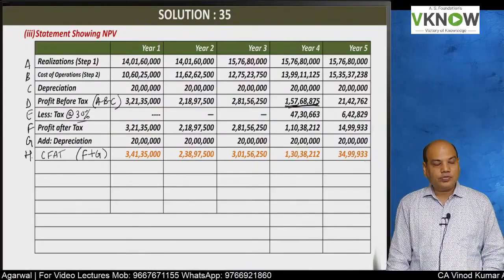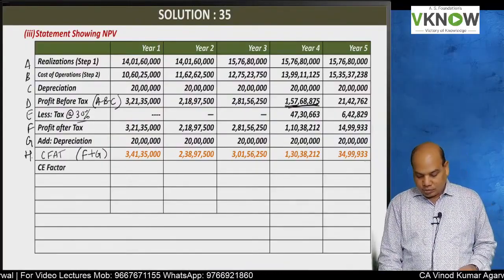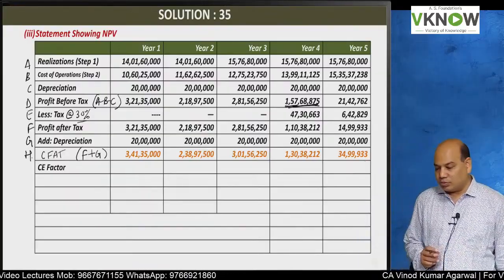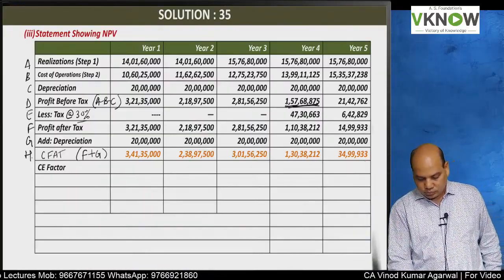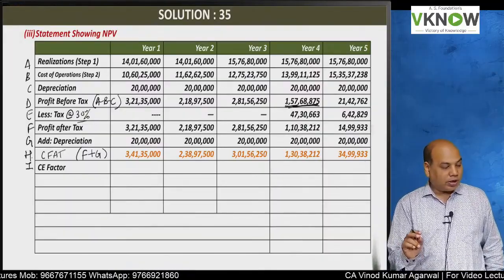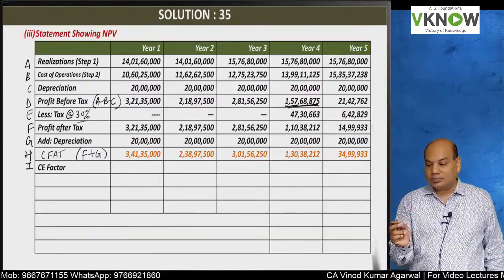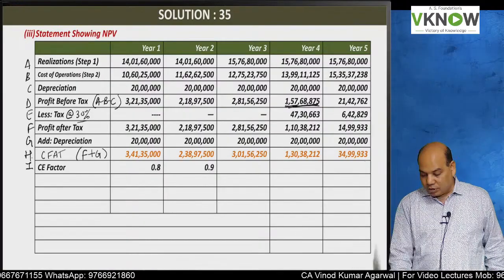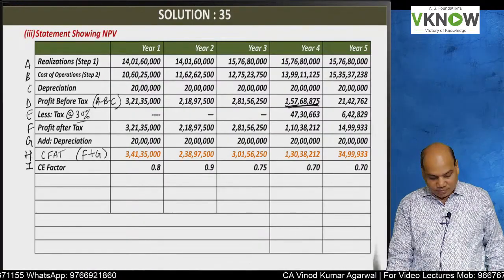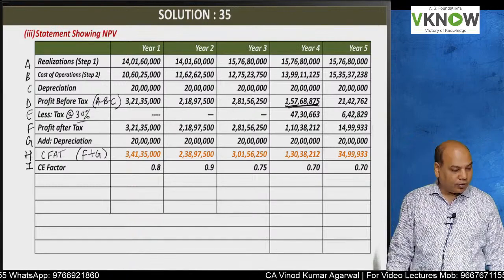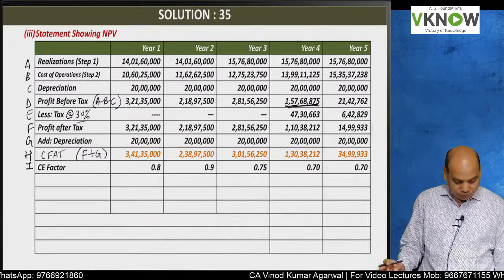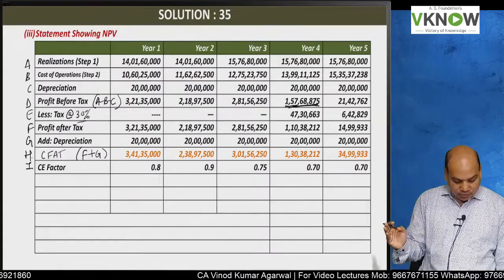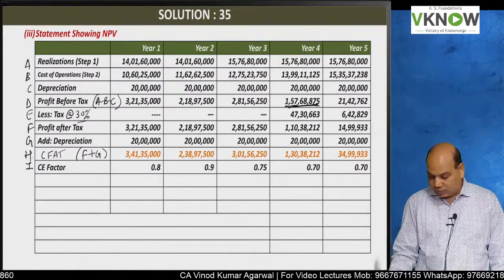But in this question there is one more adjustment. You have to convert into certain cash flow. They have given you certainty equivalent factor, and if they have given, you will have to give full respect. These are the factors given for different years. Follow the question: 0.8, 0.9, 0.75, 0.7 and 0.7.